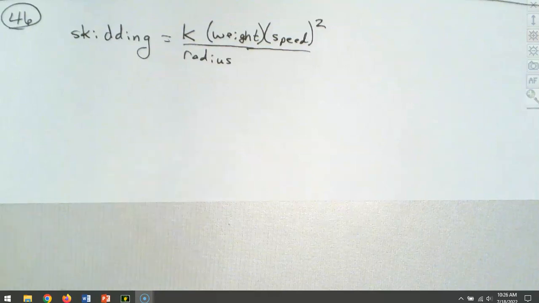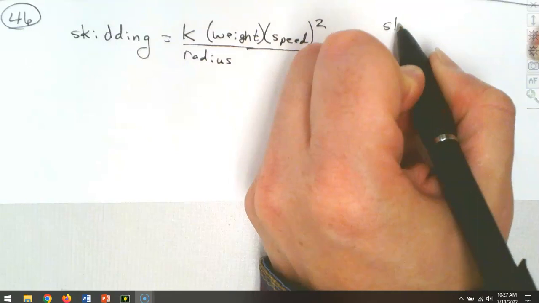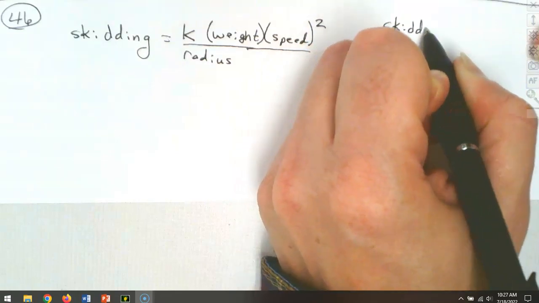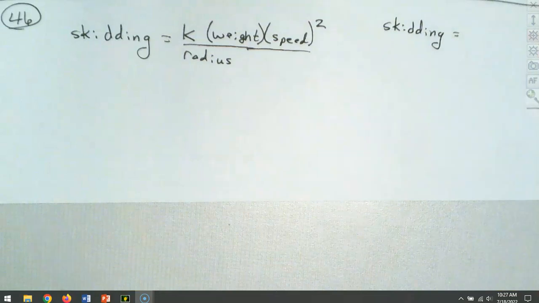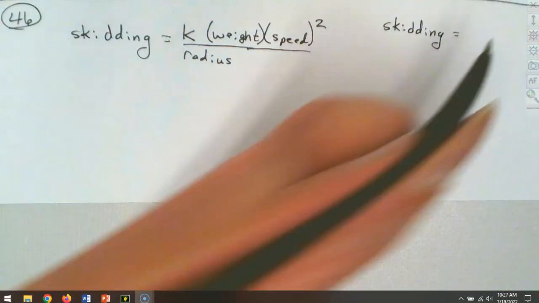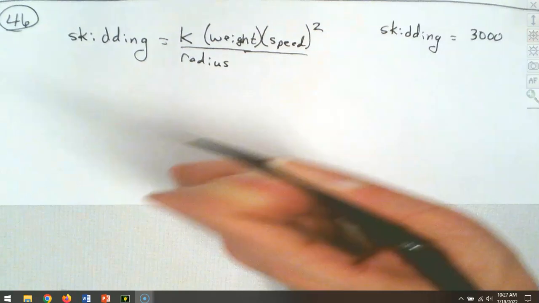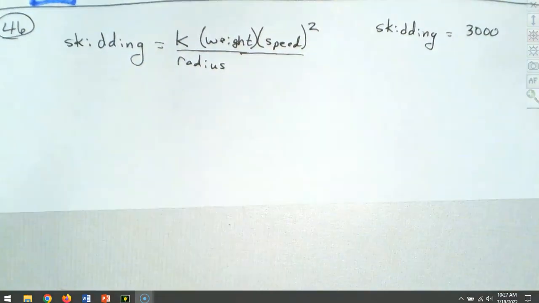Now again, filling in our values, we will find our K. So we went out and we measured. It takes 3,000 pounds of force. So the skidding of that car, the force it takes to keep the skidding away, is going to be 3,000 pounds. So 3,000 pounds of force is going to need to be used to keep a car that weighs 2,000 pounds.